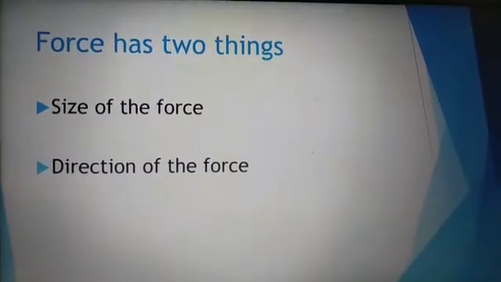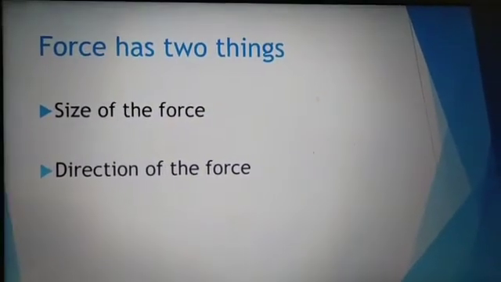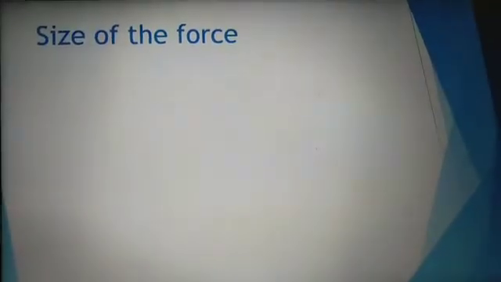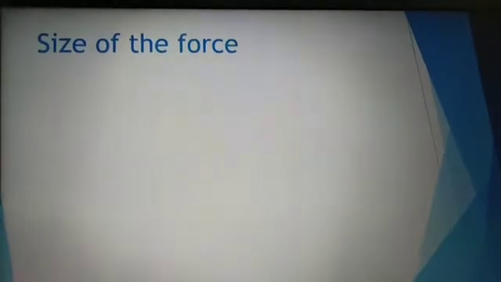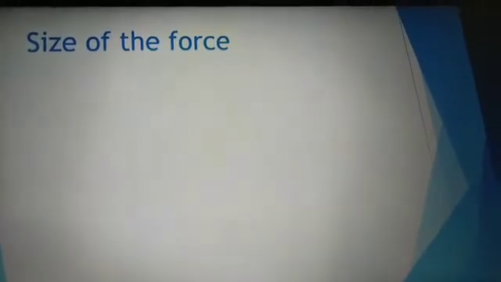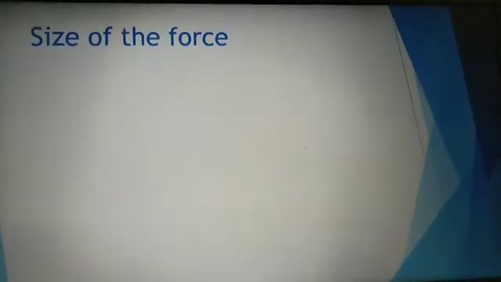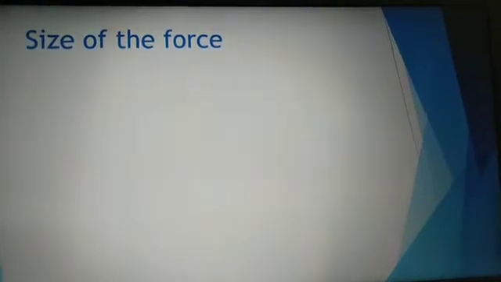Force has two things: size of the force and direction of the force. Let's study in detail each one of them. Size of the force measures how much force was applied on an object. Force is just like length and mass. In length, we measure how long an object is using the ruler and the centimeter and the meter units.